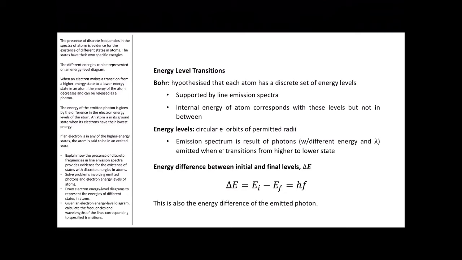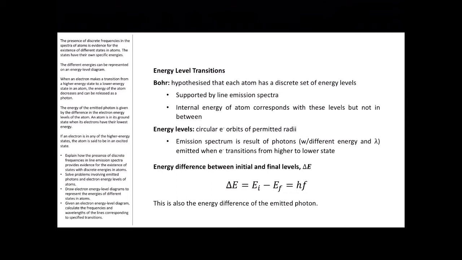Energy level transitions. So Bohr hypothesized that each atom has a discrete set of energy levels, and this is supported by line emission spectra. This hypothesis suggests that the internal energy of an atom corresponds with these discrete energy levels, but not with energy that would be in between these levels.